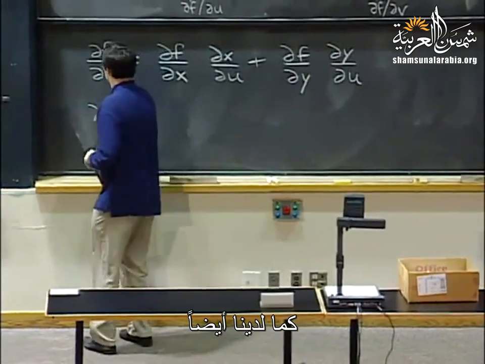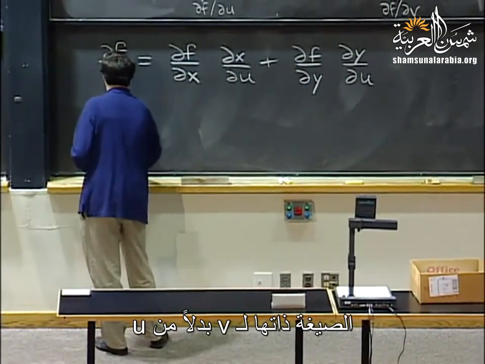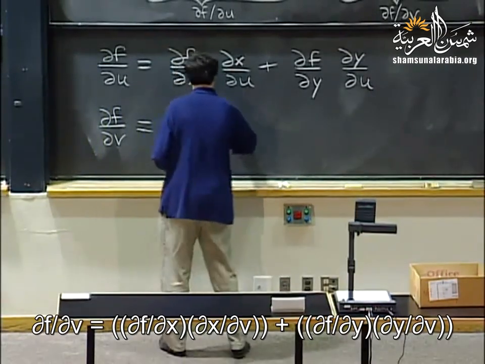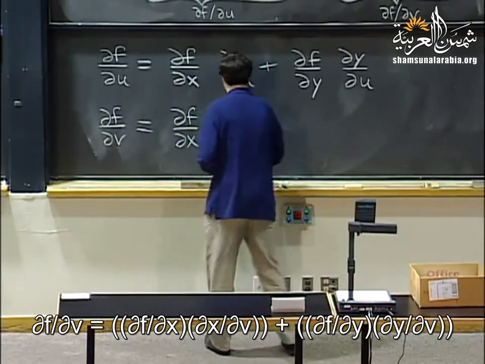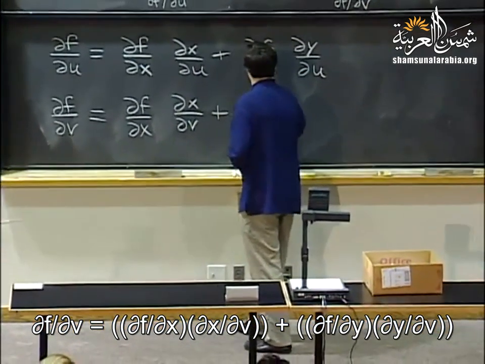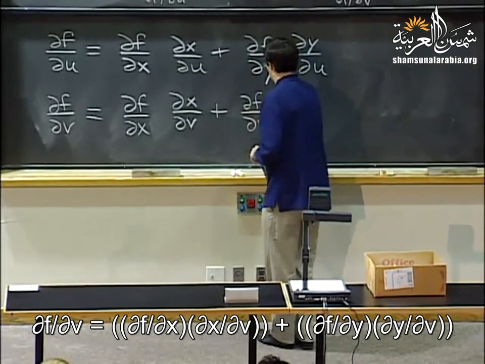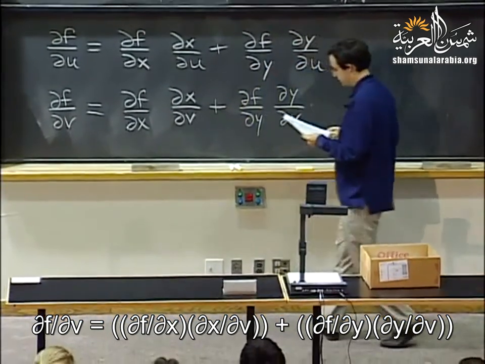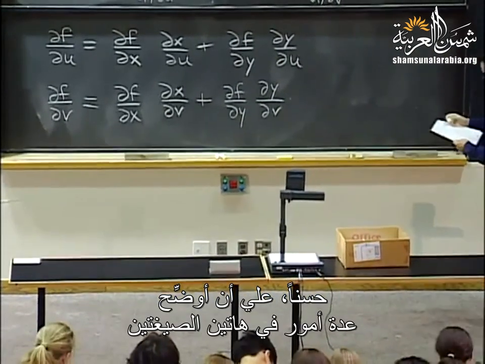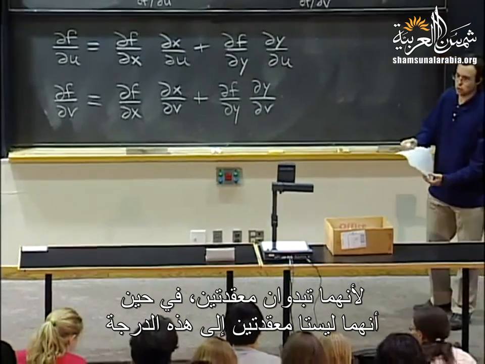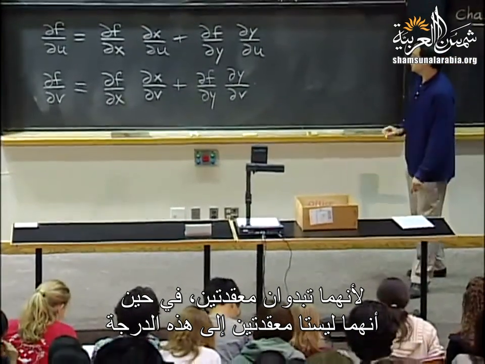And the other one, same thing with v instead of u: partial f over partial x times partial x over partial v plus partial f over partial y times partial y over partial v. So I have to explain various things about these formulas because they look complicated and actually they're not that complicated.